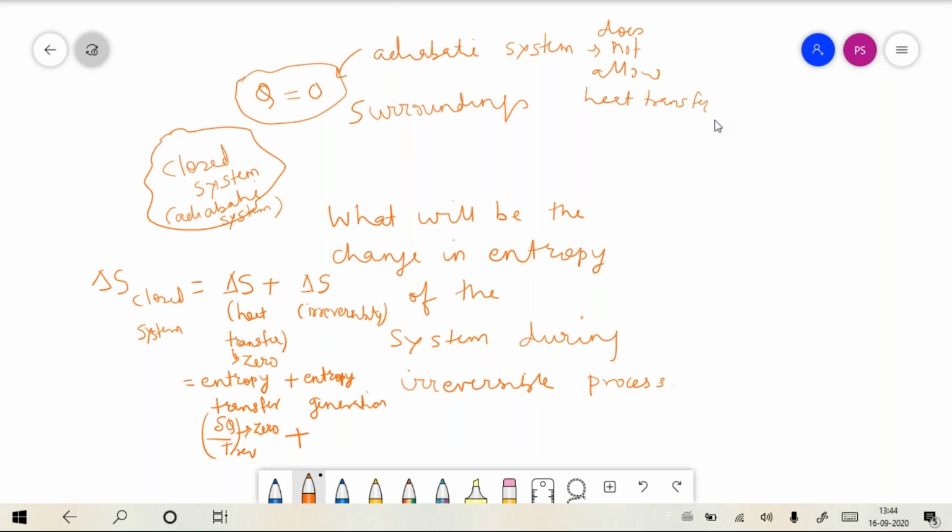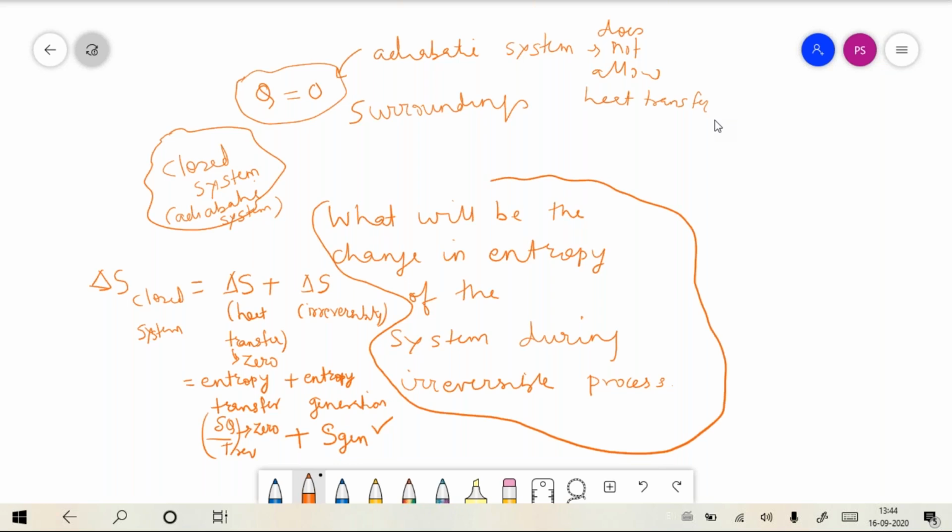So the entropy transfer would not change the entropy of the closed system. However, because of irreversibilities, there would be entropy generation. So the closed system entropy would increase if the process is an irreversible process, even when the heat transfer is zero.